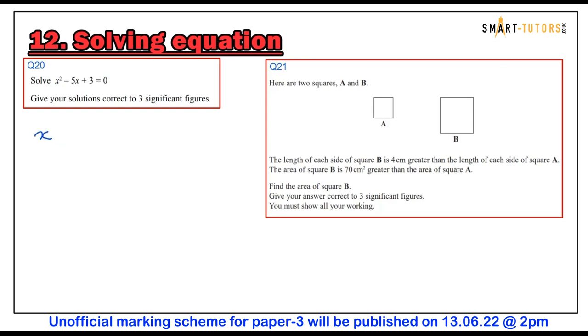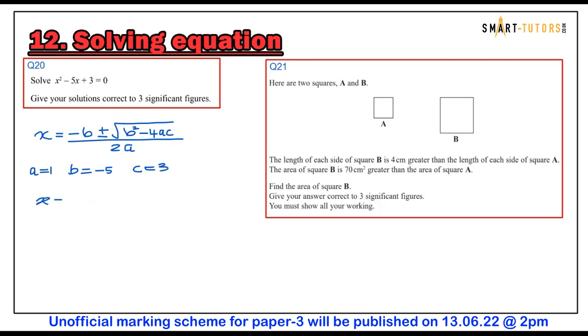So x equals minus b plus or minus the square root of b squared minus 4ac, over 2a. That is the quadratic formula. Identify what a is: a equals 1, b equals minus 5 and c equals 3.